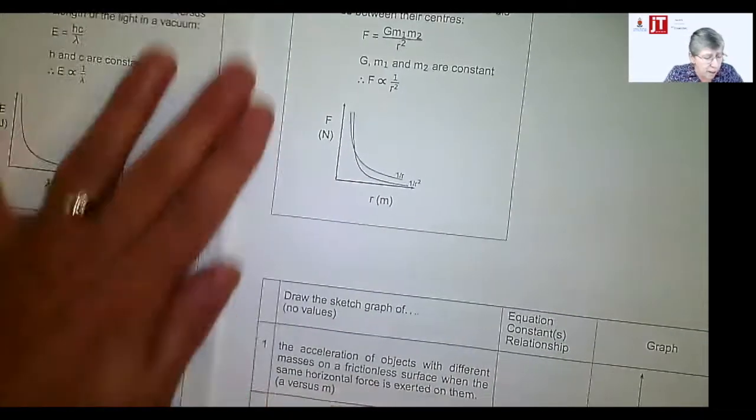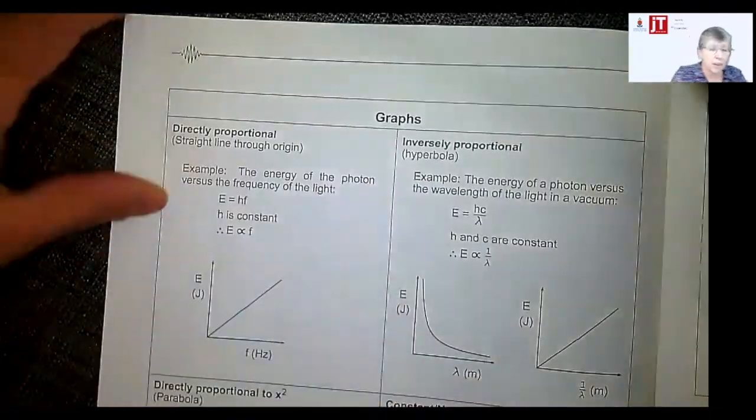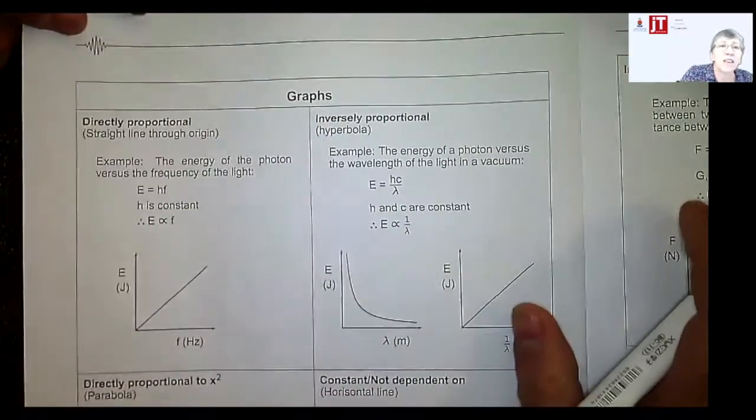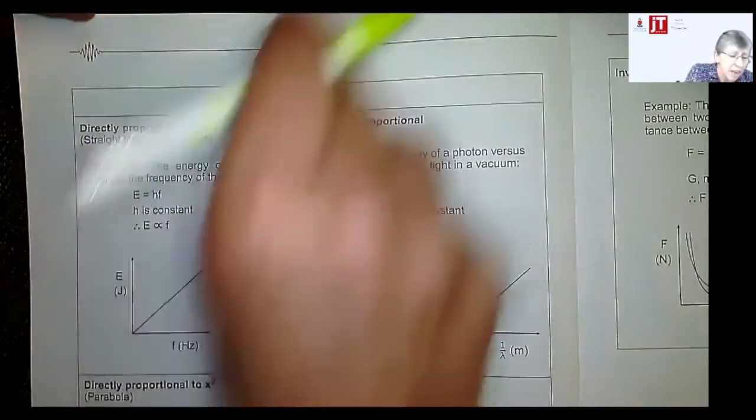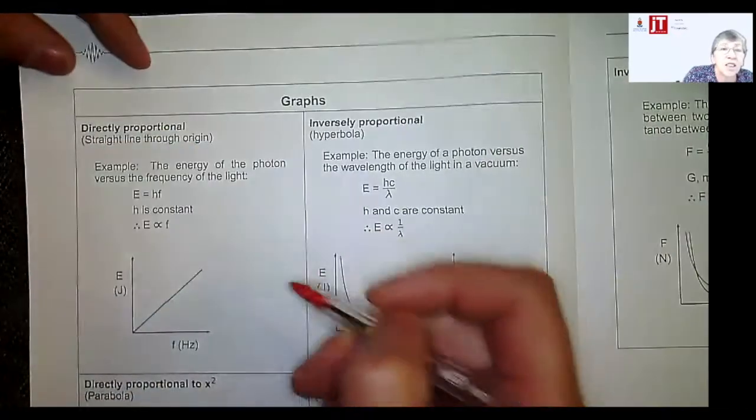On the next 2 pages, if you turn the page, you will find the graphs that we use most often in physics. Right, now the first one is the best known one. That's directly proportional, right? If you have a straight line through the origin, then we say things are directly proportional.